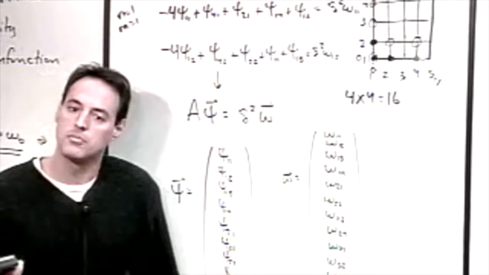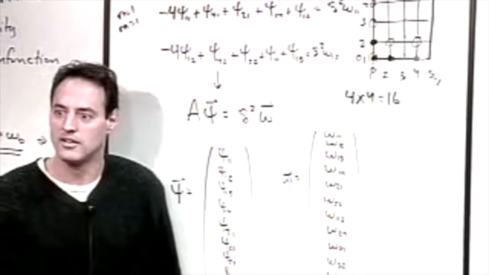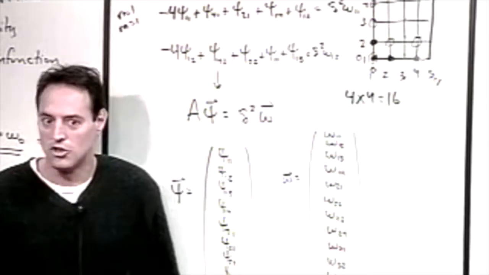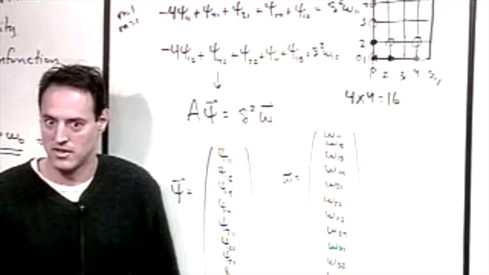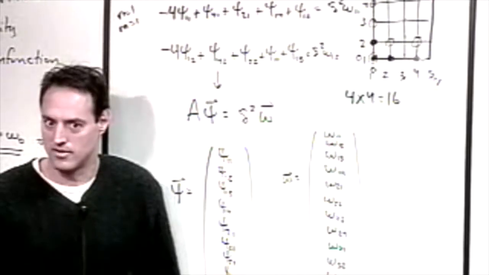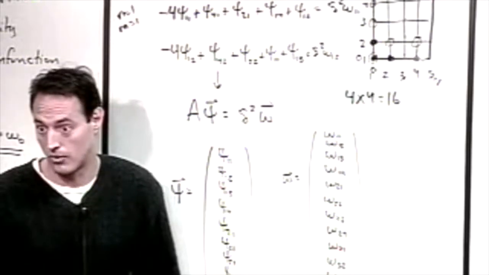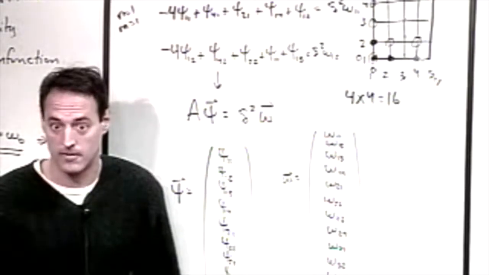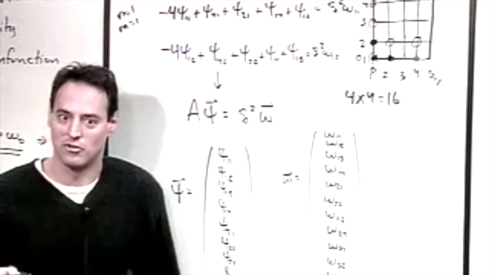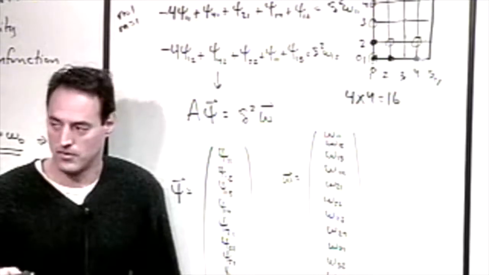Okay? If you're doing a simulation of airflow over a wing and you're using these kind of equations, you're using a lot more than 100 points. You're going to be using thousands of points. Now, thousands of points squared. That's the size of the matrix you're working with. Okay? So you're going to work with matrices that are million by million or more. You need a fast way to solve that. Okay?